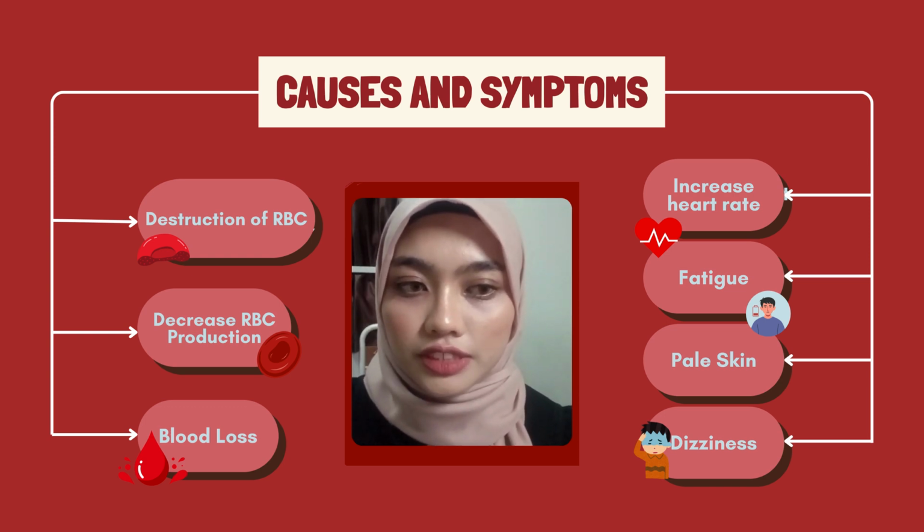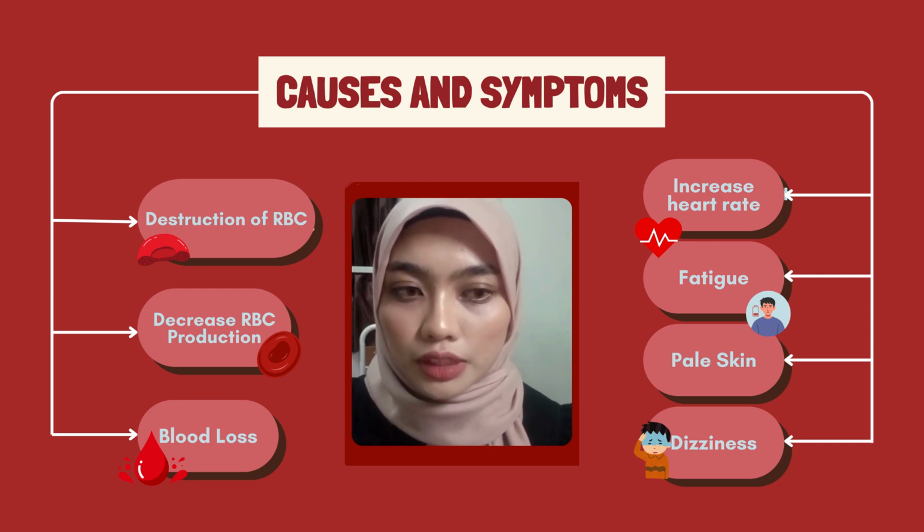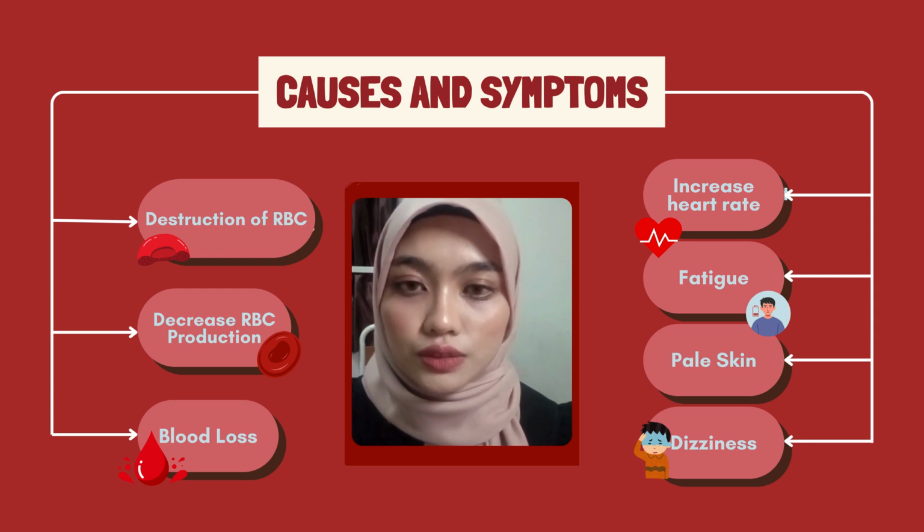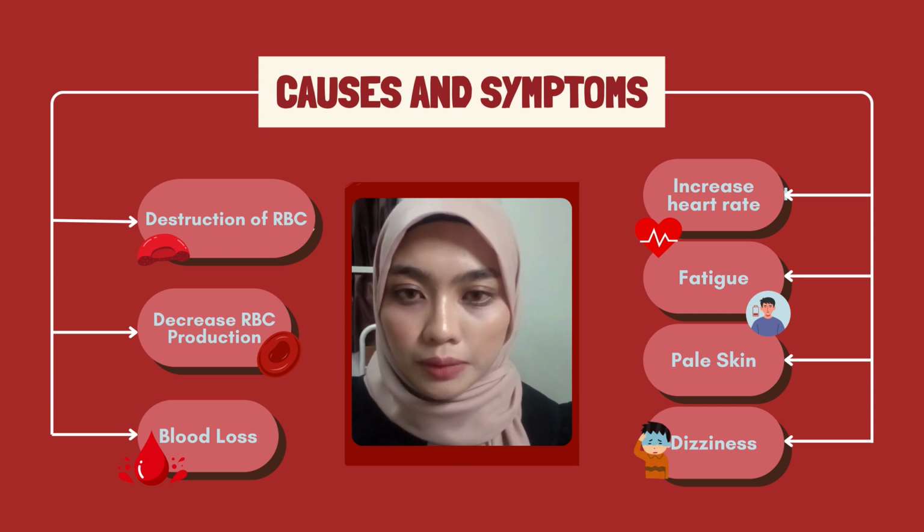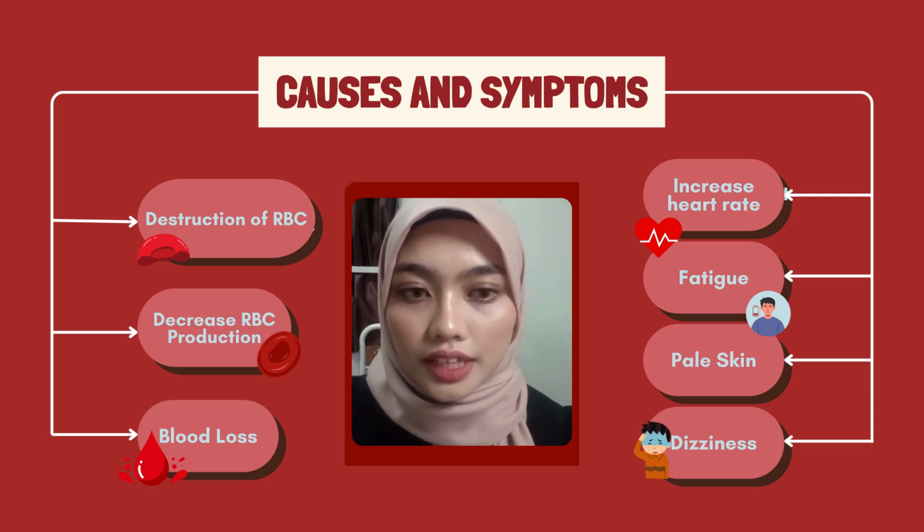Second, the decrease in red blood cell production is caused by bone marrow failure. It starts with damage to the hematopoietic stem cell and leads to insufficient erythrocytes. This also causes nutrition deficiency like vitamin B12, iron, and folic acid that affect the red blood cell maturation and synthesis of hemoglobin.